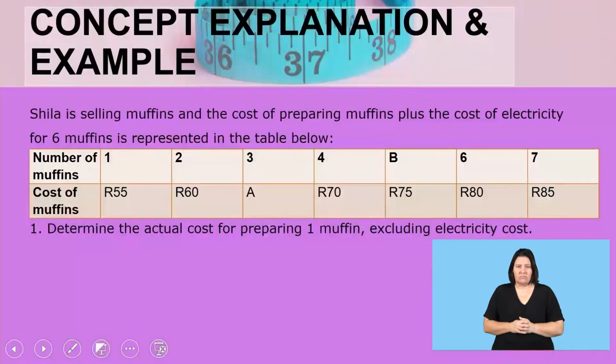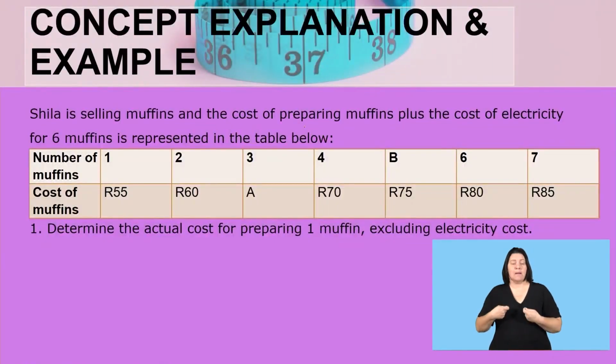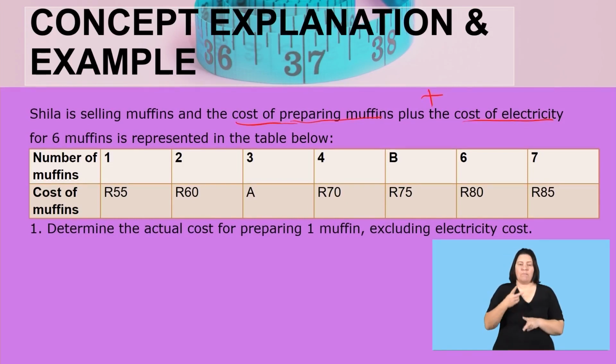Okay, Sheila is selling muffins, and the cost of preparing muffins plus the cost of electricity for 6 muffins is represented in the table below. So what we see here is the cost of preparing the muffins plus the cost of electricity. Remember, I spoke about the fixed cost, the one that one will have to pay besides the cost they will incur for preparing the muffins.